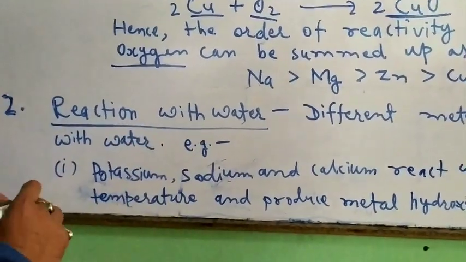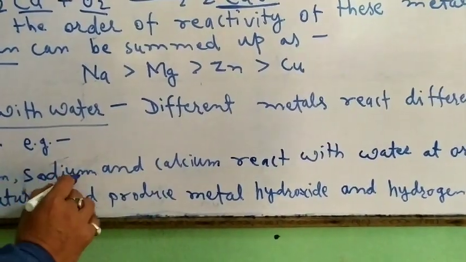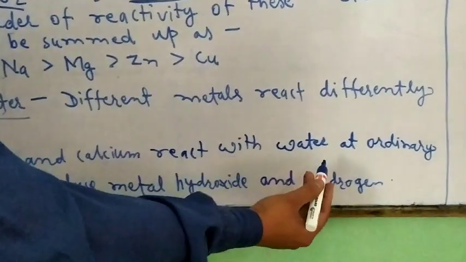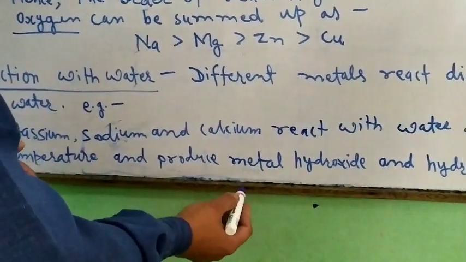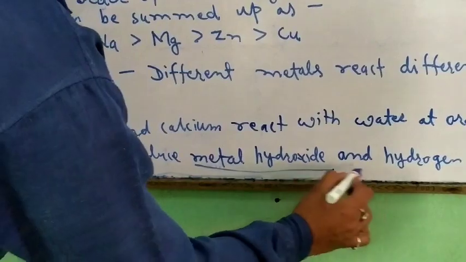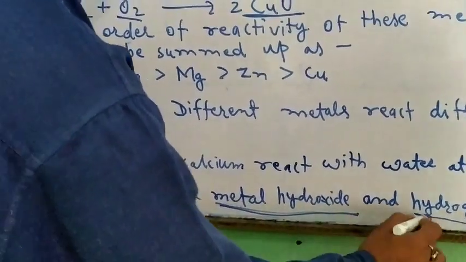For example, potassium, sodium and calcium react with water at ordinary temperature and produce metal hydroxide and hydrogen gas.